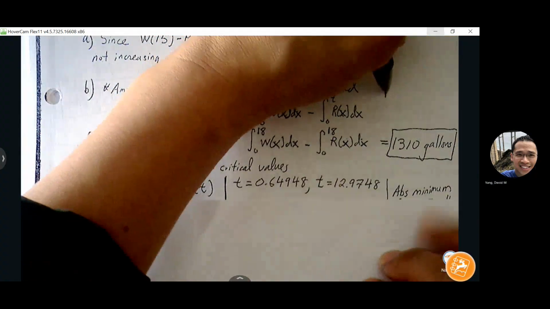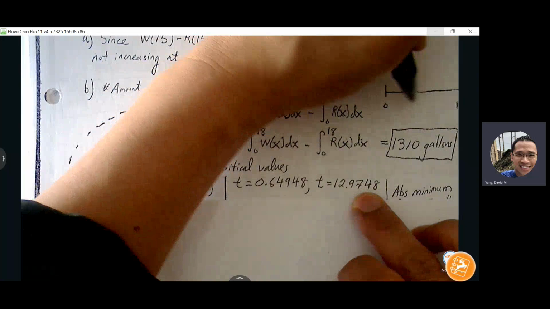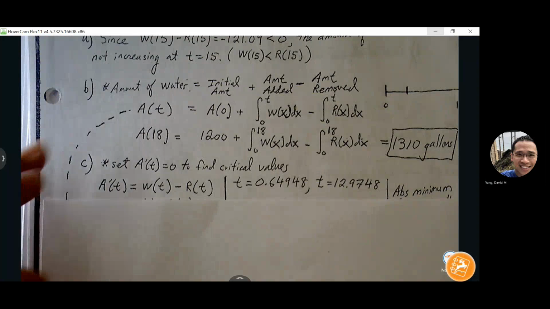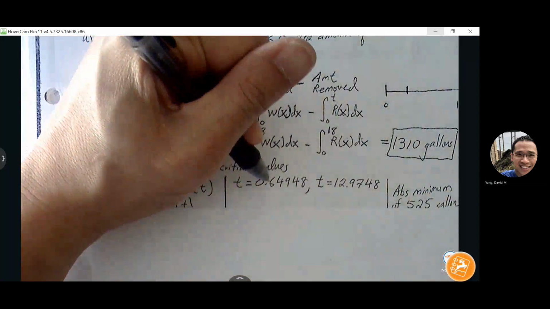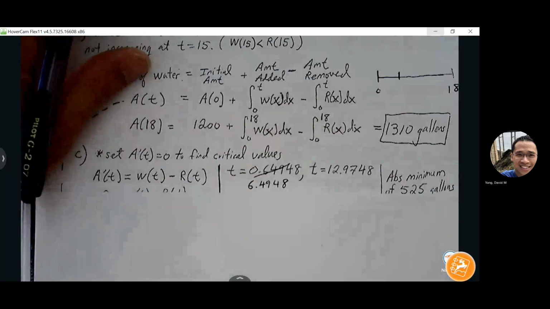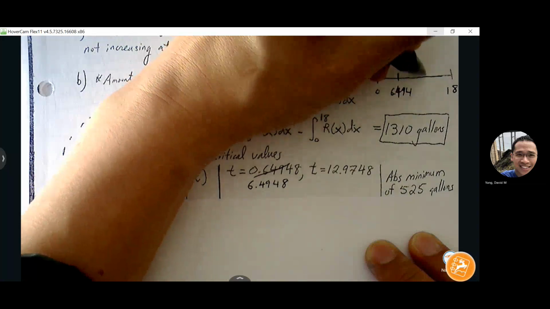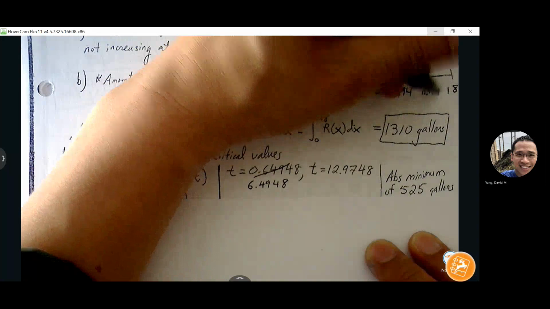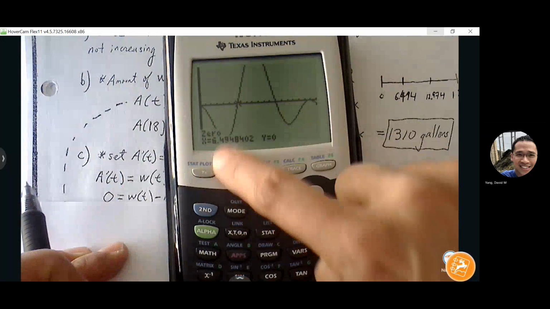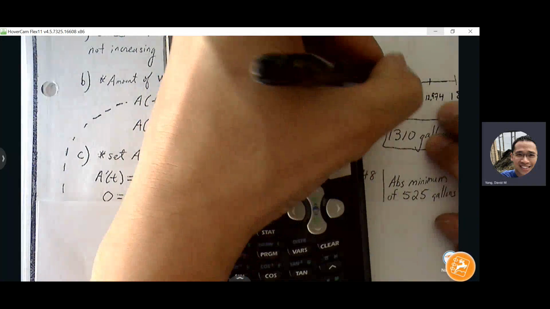Now, technically, we don't have to test the 12.9748, because if you look at the graph here, below the graph means decreasing and above the graph means increasing.